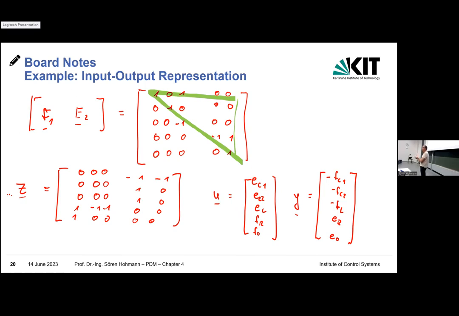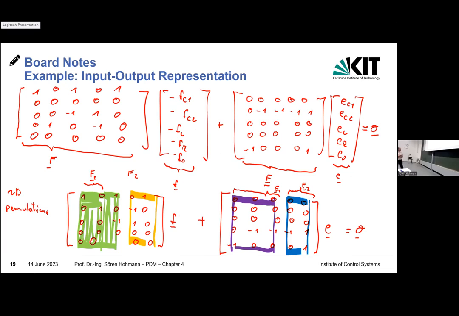This is typical for this input-output representation. One general question, last slide: how do we decide on the size of the part, for F1 and E1, for example? The main thing is you want to find F1 being just this part here. I was perhaps a little bit too far with my green box. The upper part is the interesting part.